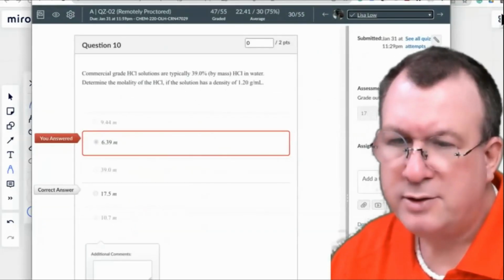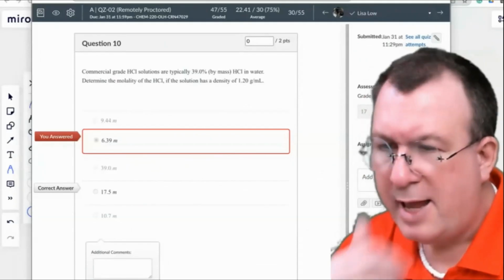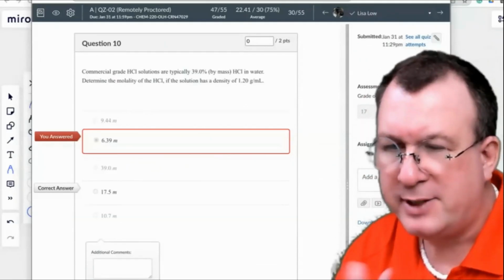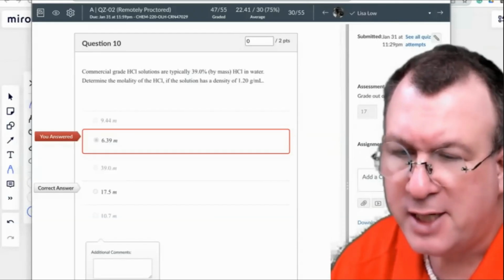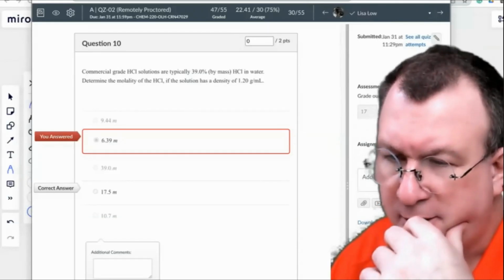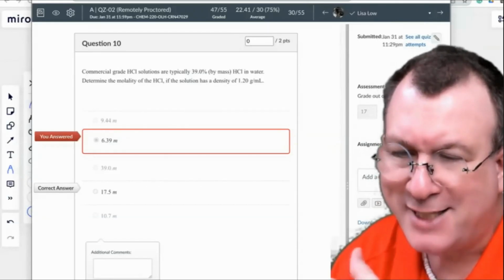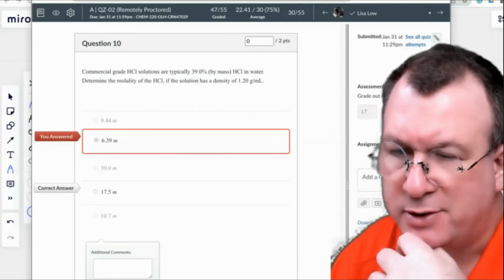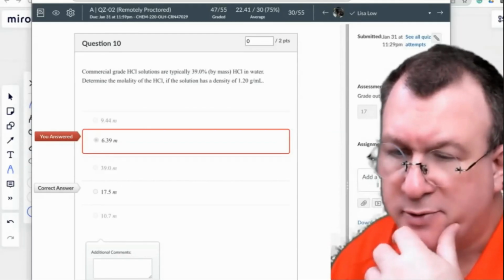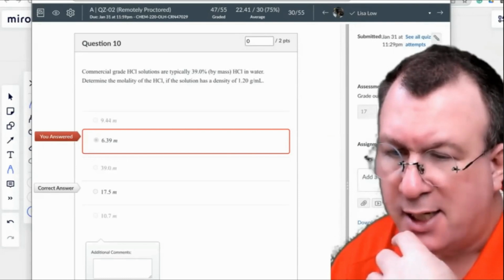So here's question 10. It looks like what they're asking is: commercial grade HCl solutions are typically 39% by mass HCl in water. Determine the molality of the HCl if the solution has a density of 1.20 grams. Oh, that's literally one of the ones we did today, I think.